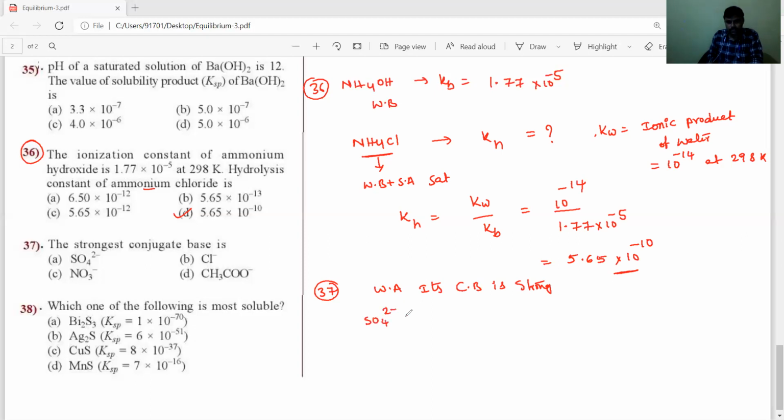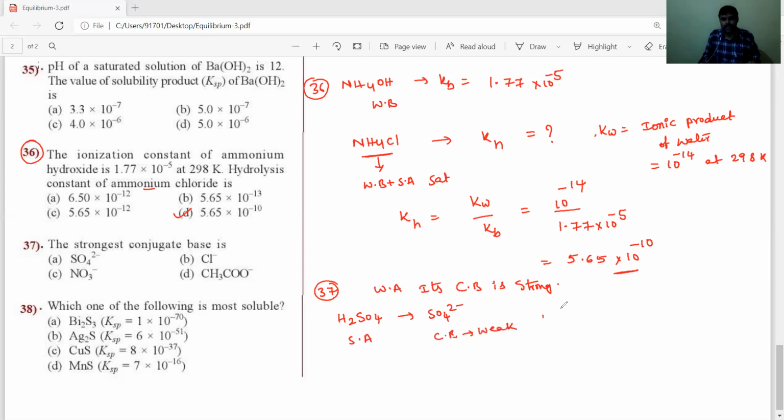For SO4 2 minus, its corresponding conjugate acid is H2SO4. H2SO4 is a strong acid. Its corresponding conjugate base SO4 2 minus is weak.